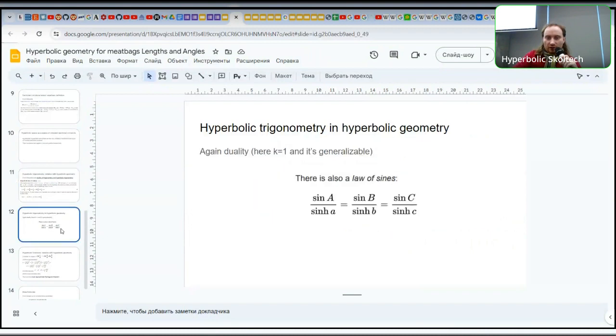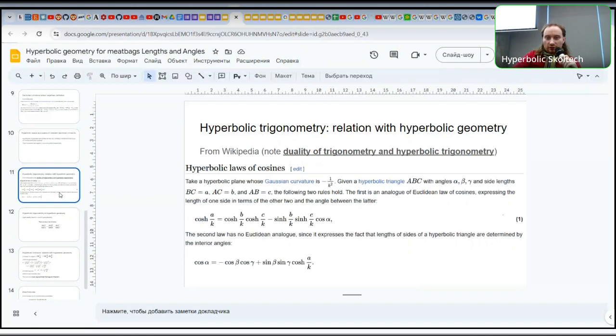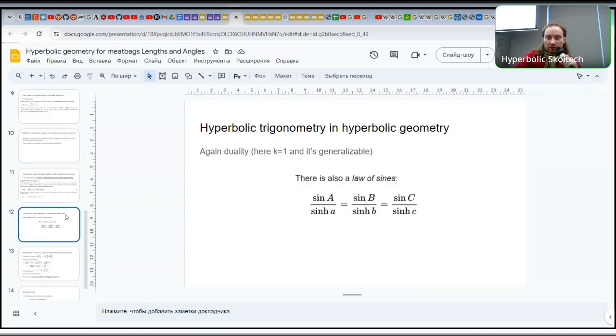Okay. Also, we have the hyperbolic law of sines for curvature k equals 1. Usually you have to divide the sides of triangles, your lengths, by k, and then you get your law of sines. And what is it for?